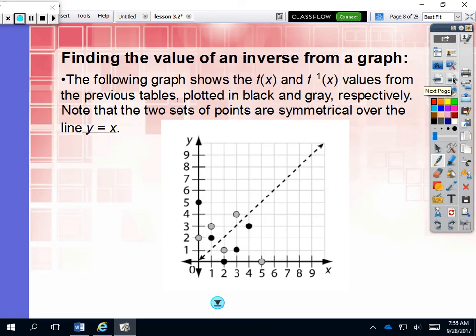Okay, so finding the value of an inverse from a graph. This graph shows the values from that table we just did. And the black ones are f of x, and the gray is the inverse, f inverse of x.